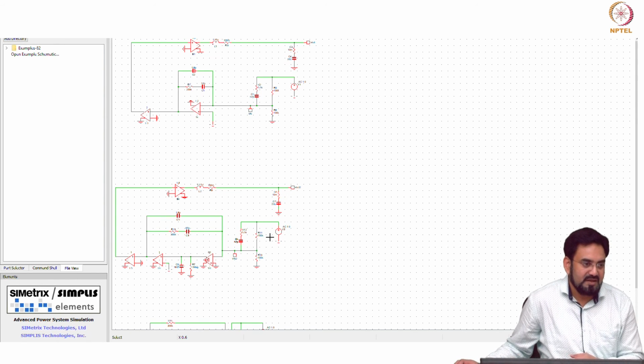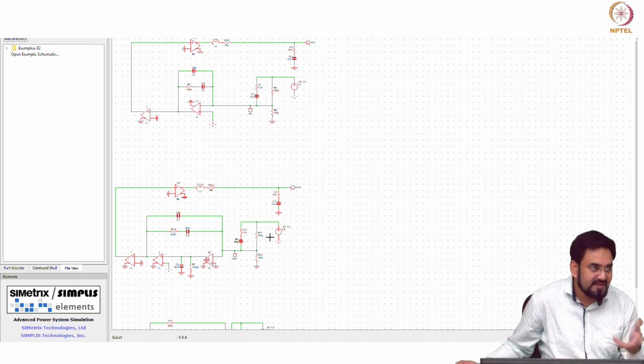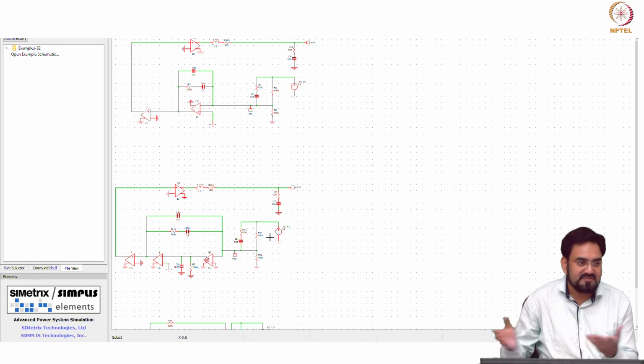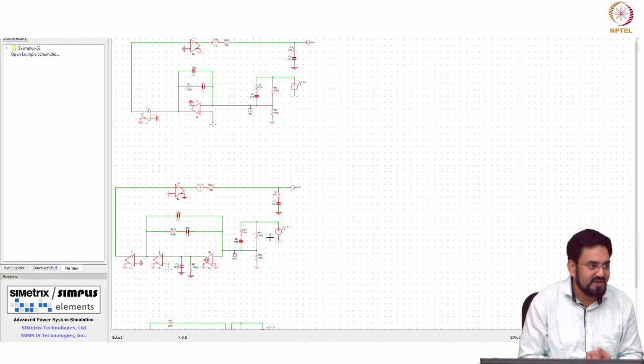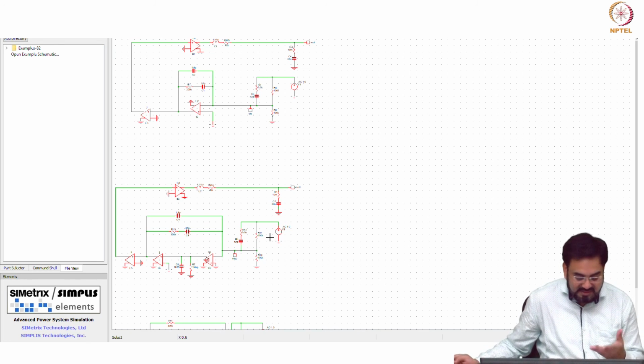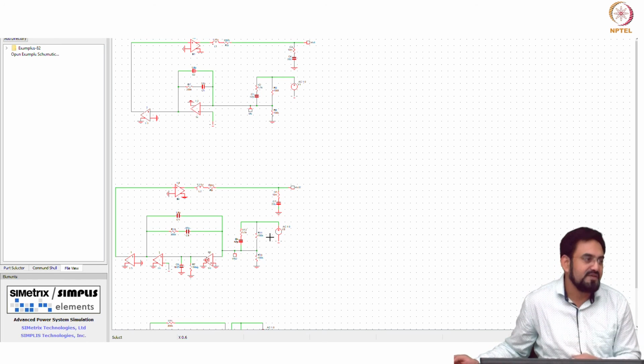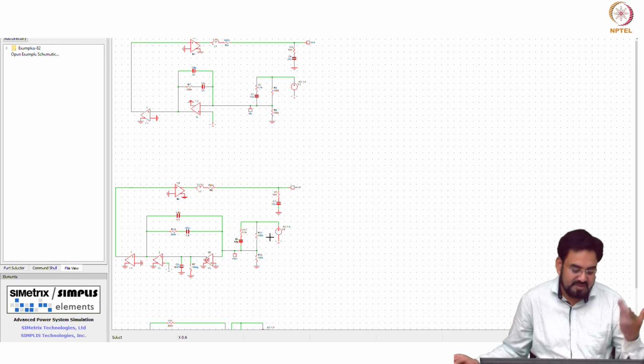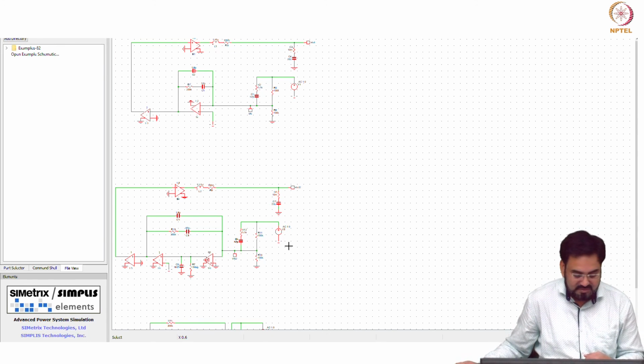So it's okay to have 5 to 10 degree. If you are looking for 60 degrees and you are getting 55, you may still be okay, but that resonance is not good actually. Otherwise, unless you make your op amp bandwidth very high, which means you may have to burn a lot of power in your op amp.